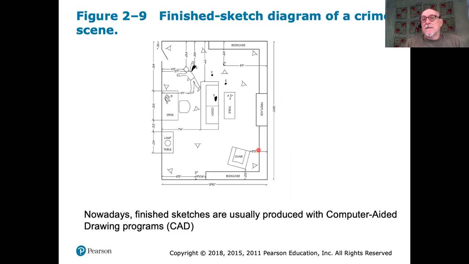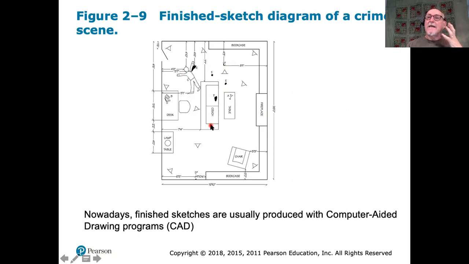Nowadays, they will also use computer-assisted drawing programs in order to produce this final sketch. And they may actually also be able to produce some sort of three-dimensional version.